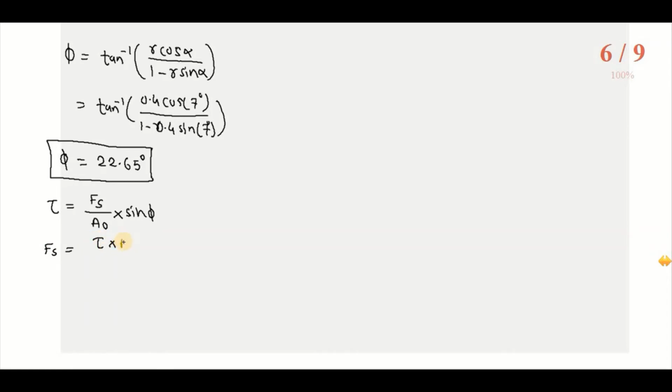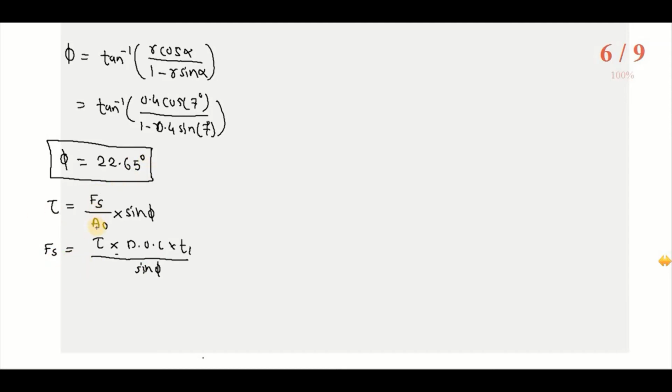A naught can be given as depth of cut into T1, which is the feed.